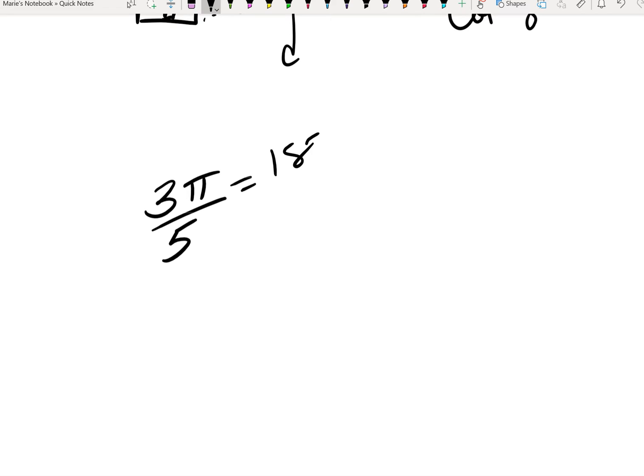If I take this and convert it, I multiply by 180 over pi and cancel the pi's. 180 divided by 5 is 36, times 3, means that we're looking at an angle of approximately 108 degrees.